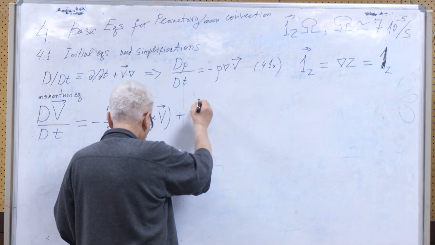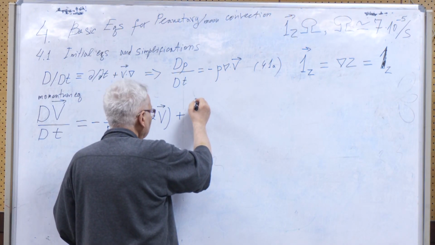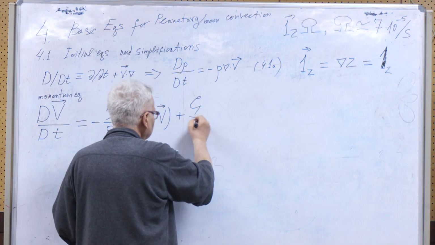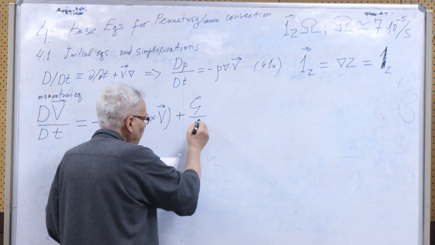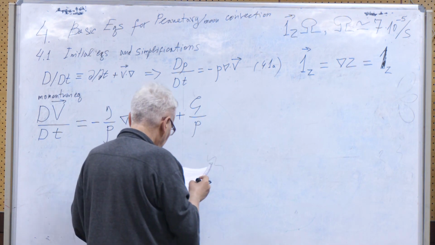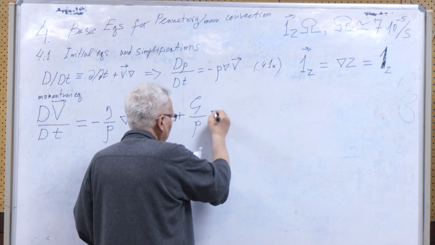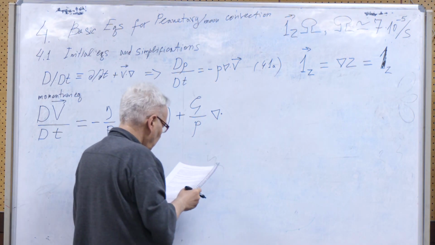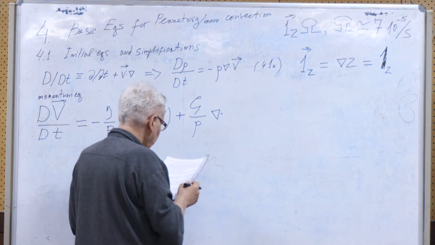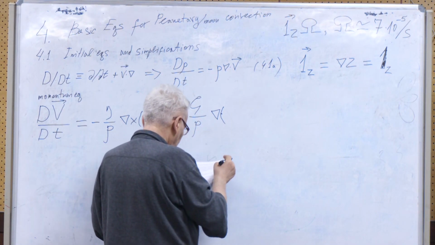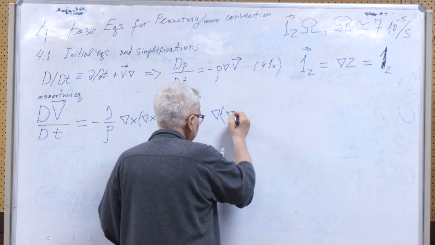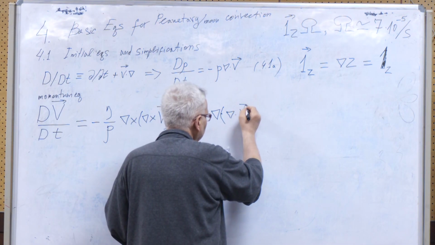This is related to another such number, and again rho, and it's actually connected with the continuity, and it could be represented like that: you take the gradient of the divergence of the velocity.